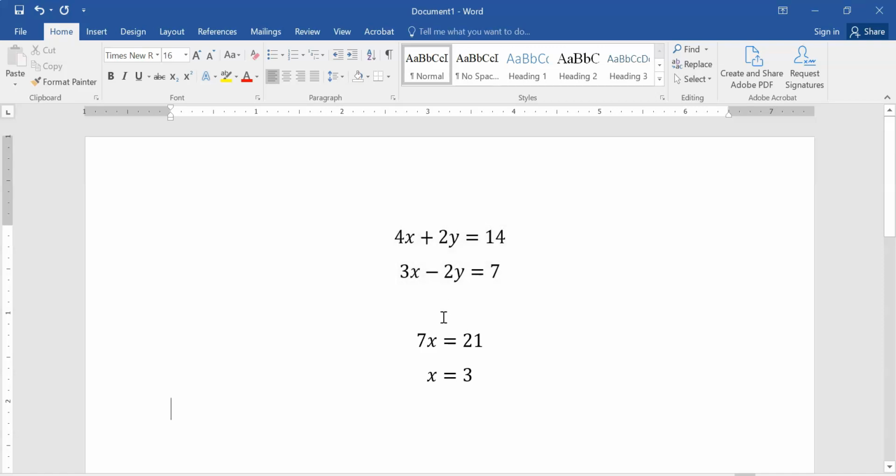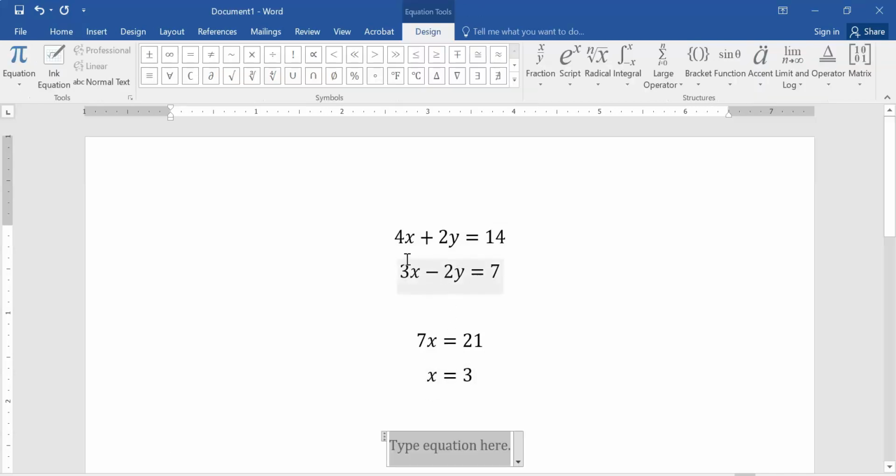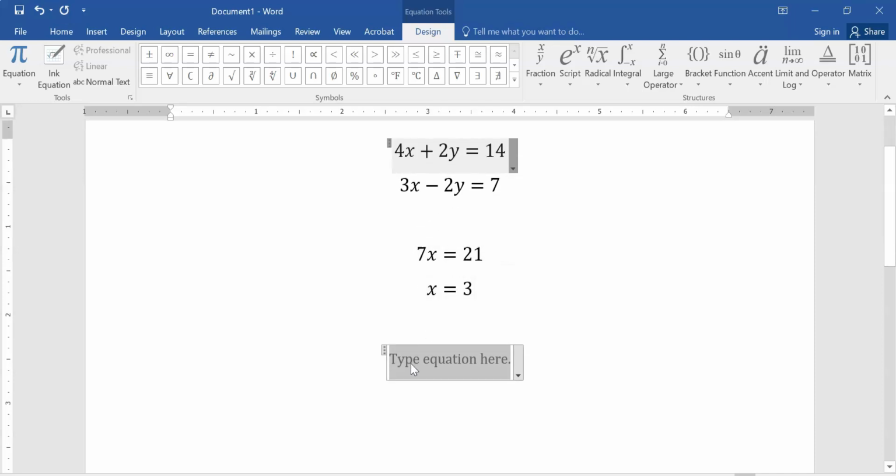So in order to figure out the y value, I'm going to take one of my equations. I guess I'll choose the top one, although you could have chosen either one. We're going to take 4 times x plus 2y equals 14, that top equation, and we're going to replace the x in it with the number 3.